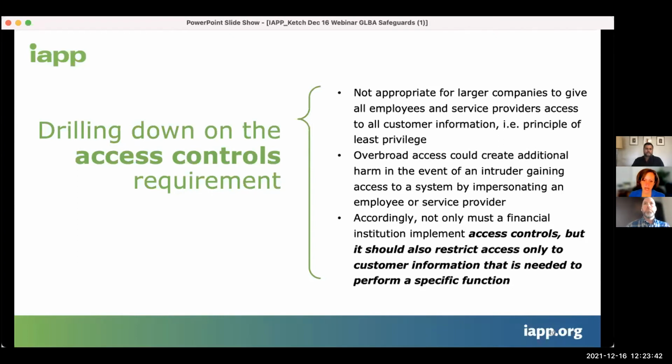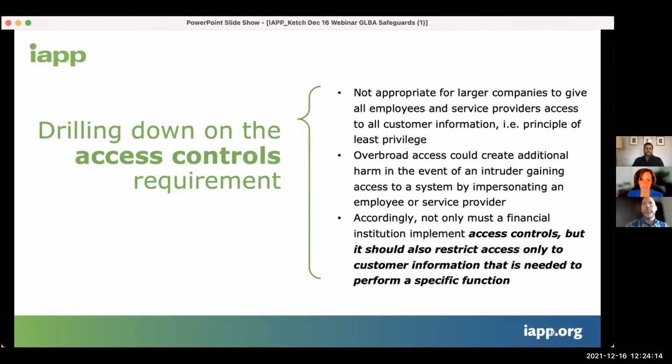As noted on the slide, the risks associated with inappropriate access controls have been seen over and over again in significant data breaches. And as a consequence, the FTC is requiring in its safeguards rule, and its amended safeguards rule, that financial institutions implement access controls and restrict access only to customer information that's needed to perform a specific function.